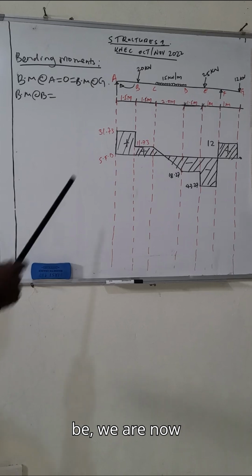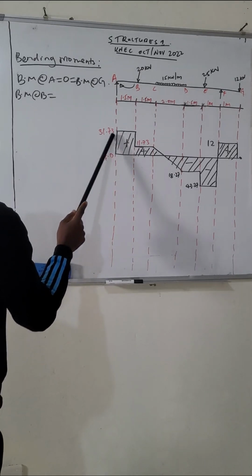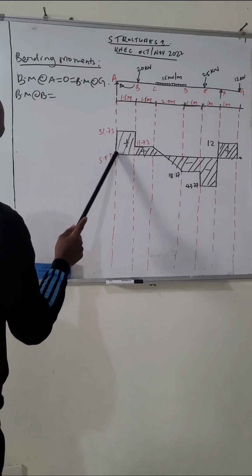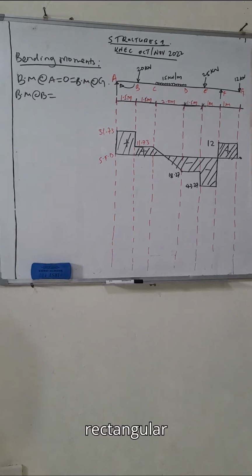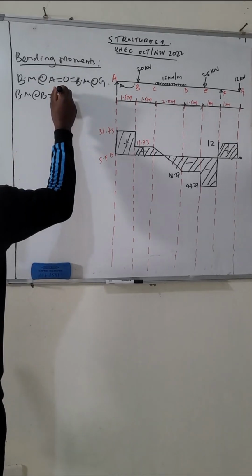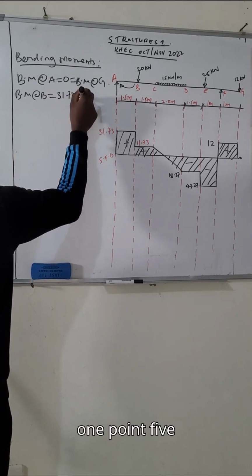Bending moment at B will be the area of this shear force diagram. That is a rectangular shape, so it will be length times width. That is 31.73 times 1.5.